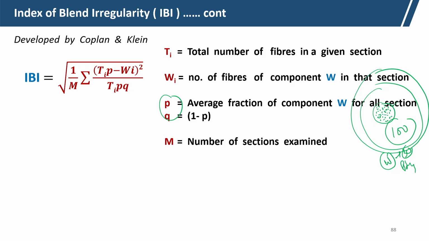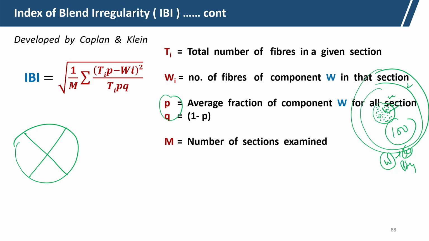So, M: suppose this is one section, another section 2, section 3. It may be in radial fashion or it may be in rotational fashion, that we can check. In our earlier case we have seen 4 sections, rotational.